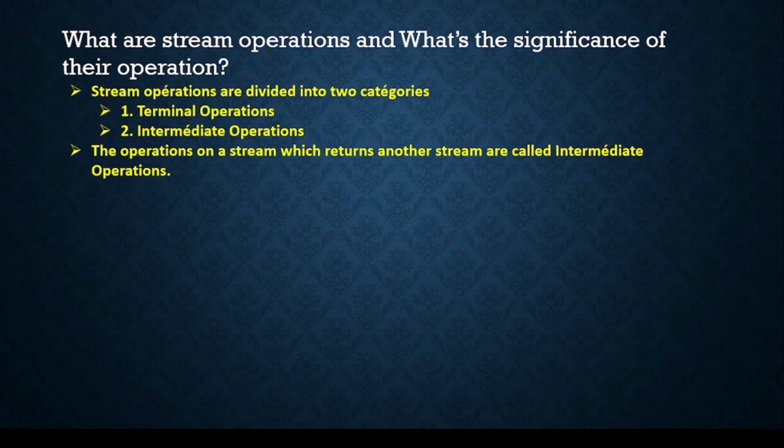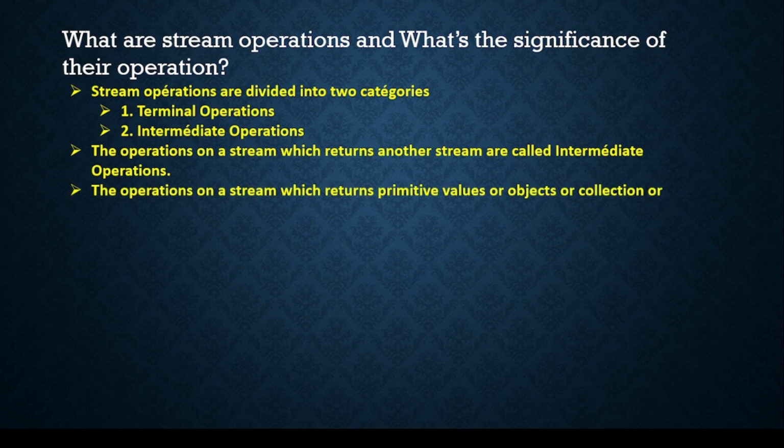In our previous example, we took a list, created the stream out of that list, and we are mapping and collecting to a list, which returns another stream. That kind of operation we can call an intermediate operation.